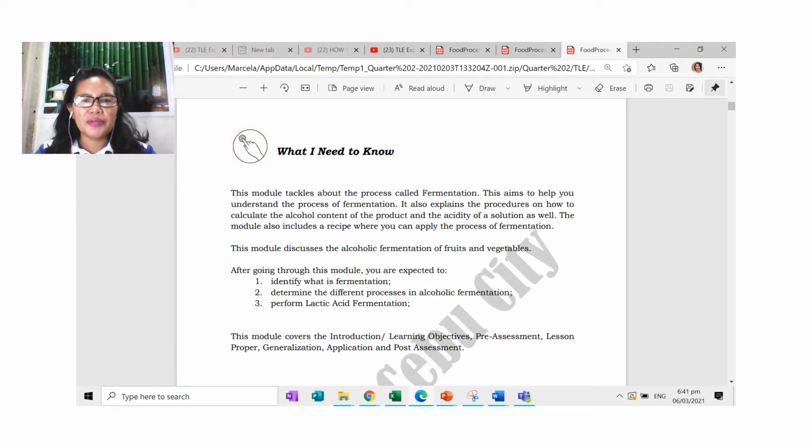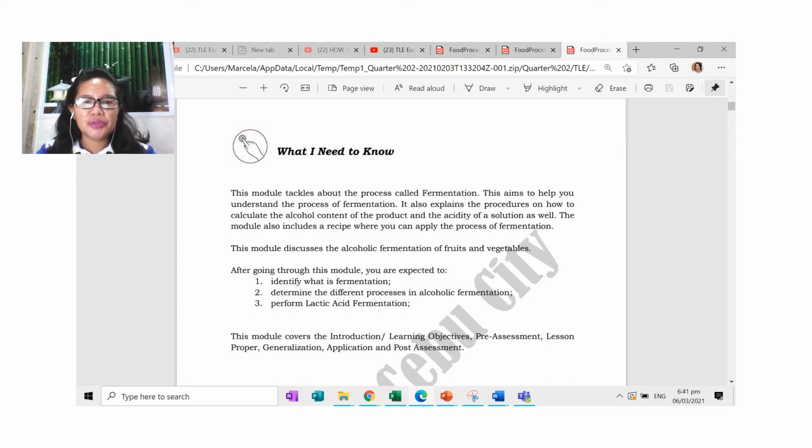After going through this module, you are expected to meet these objectives. Number 1, identify fermentation. What is fermentation? Number 2, determine the different processes in alcoholic fermentation. And number 3, perform lactic acid fermentation.